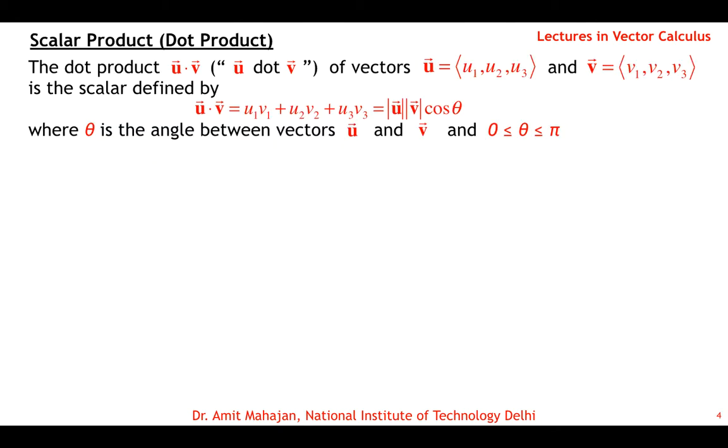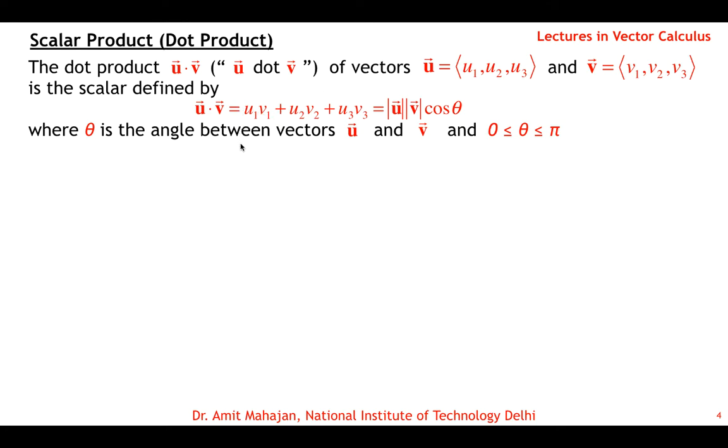Then the second definition is the scalar product, which we also call the dot product, or inner product of vectors. The dot product is denoted by u vector dot v vector, where u vector, say in three-dimensional space, has components u1, u2, u3, and v vector has components v1, v2, v3.